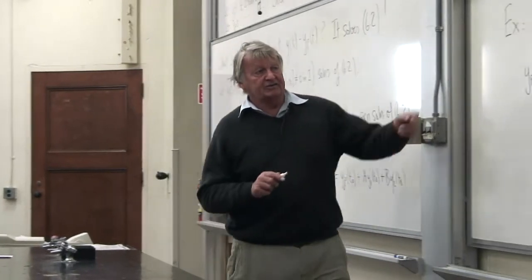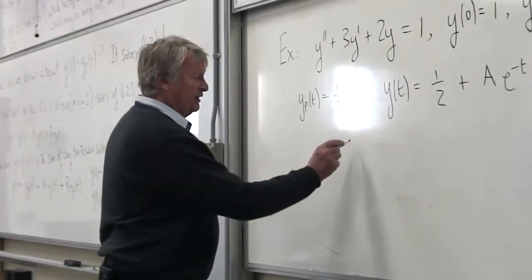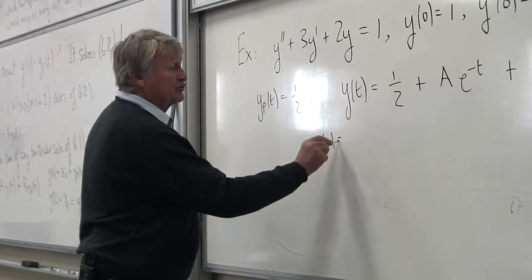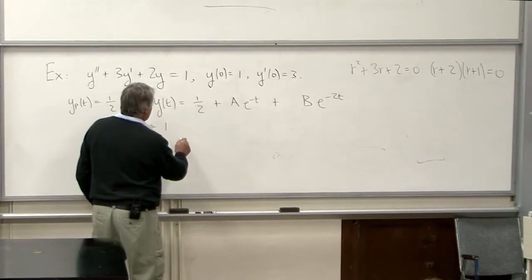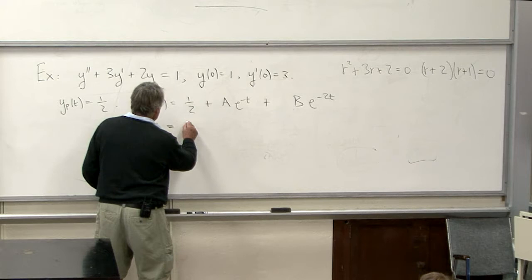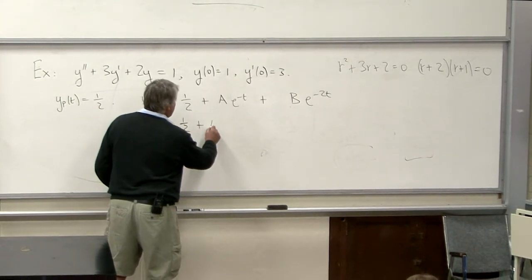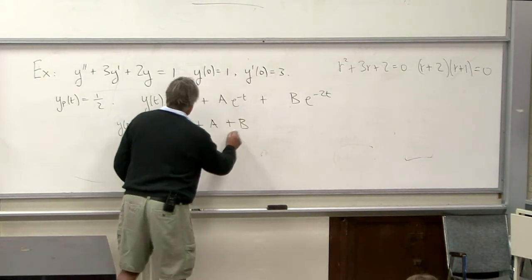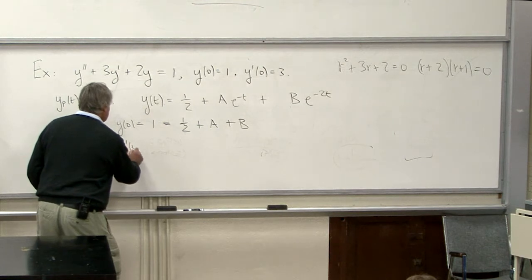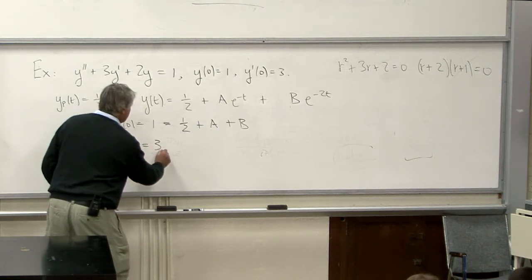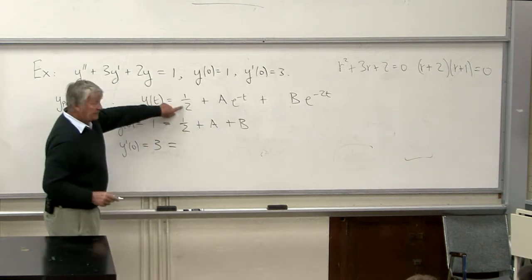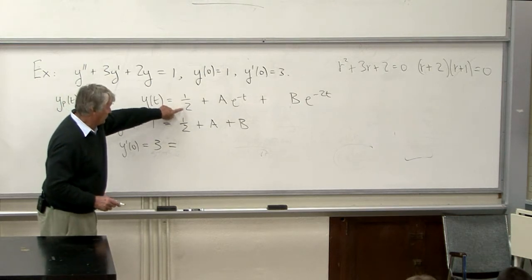Now, to solve the initial value problem, therefore, we have y of 0 equals 1. And that's equal to a half plus a plus b. And y prime of 0 is 3. And that's equal to, when I differentiate this, the half disappears.